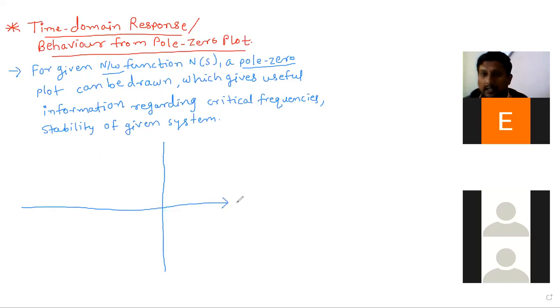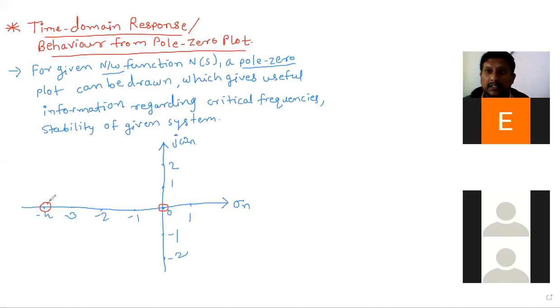On the x-axis, we can take the real part of the complex frequency, that is sigma n, the Napier frequency. On the y-axis, j omega n, that is angular frequency. Okay, so here suppose -1, -2, -3, -4, and here it is 1, 2, -1, -2. If we are plotting poles and zeros, suppose this is the 0, one 0 is present here, one 0 is present here.